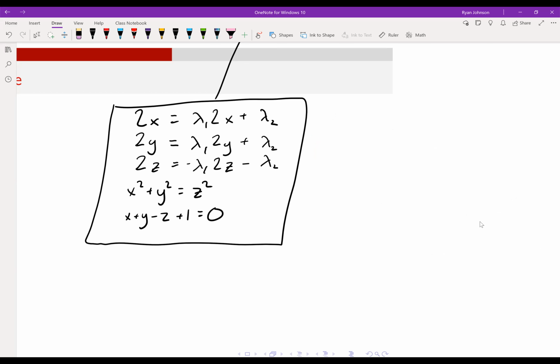What I'm going to do instead is solve for lambda 2 there, solve here, and then plug in. So solving for lambda 2 there, lambda 2 equals 2z, then moving the other one over, plus lambda 1 times 2z.